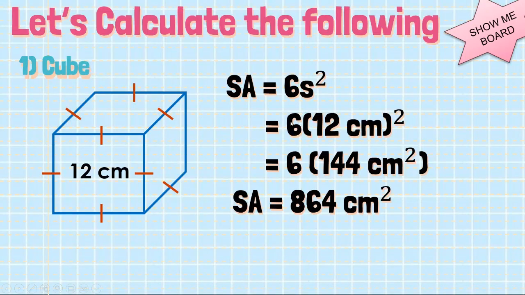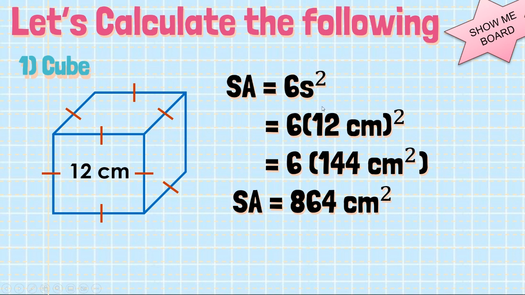Okay, now let's have another example to further analyze how to compute the surface area of the cube, rectangular prism, and also the pyramid. Now, for example number 1, cube. So we have the sides of the cube. We have 12 centimeters. Substitute to the given formula, 6s squared.